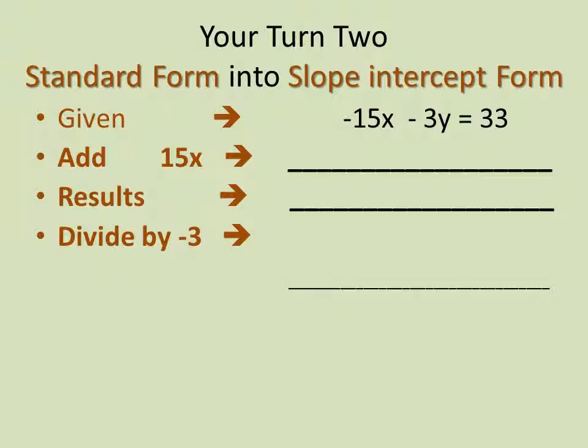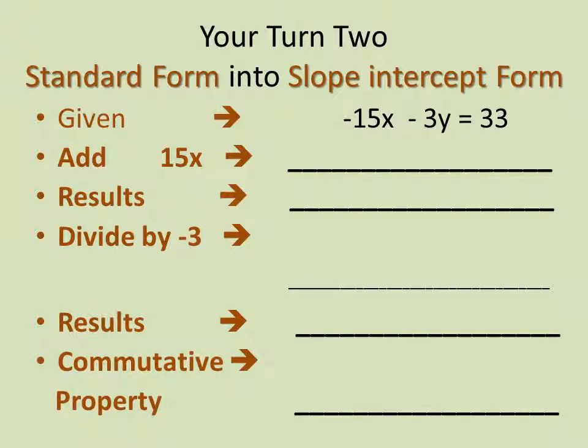So let's divide every single term by negative 3. What are your results? Remember, this still isn't in slope-y-intercept form. So let's switch the last two terms on the right hand side around, and get it into y equals mx plus b.